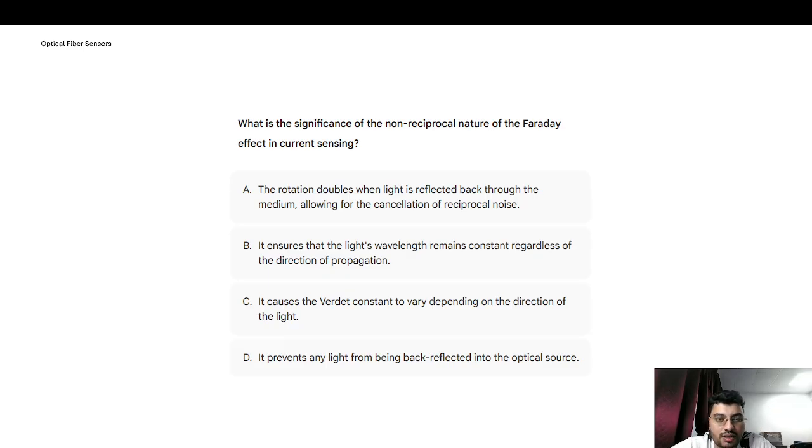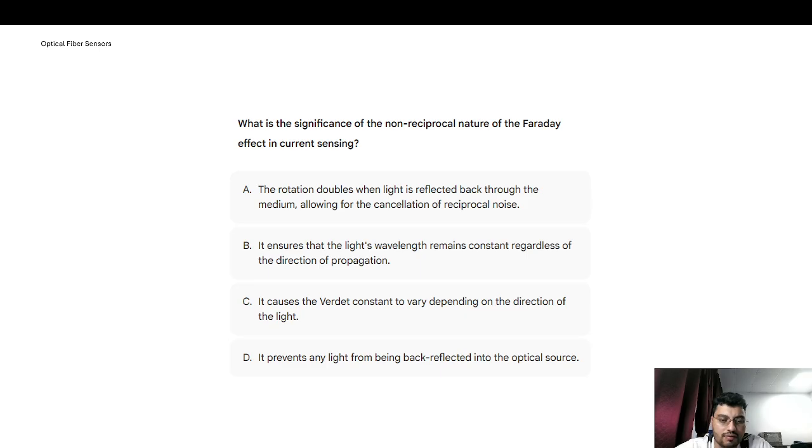What is the significance of the non-reciprocal nature of the Faraday effect in current sensing? The rotation doubles when light is reflected back through the medium, allowing for the cancellation of reciprocal noise. B, it ensures that the light's wavelength remains constant regardless of the direction of propagation.